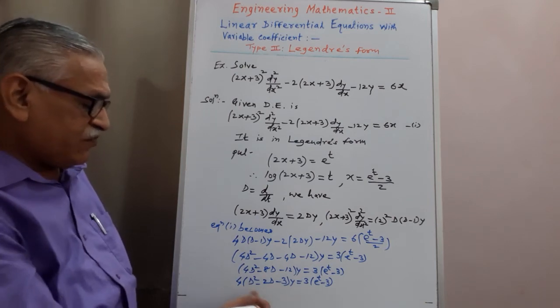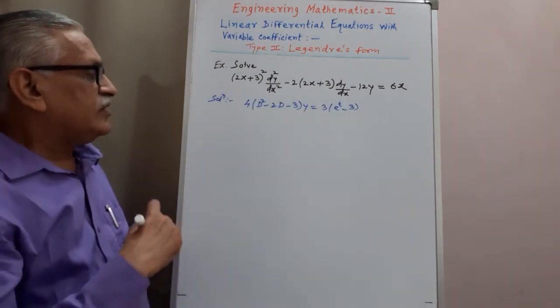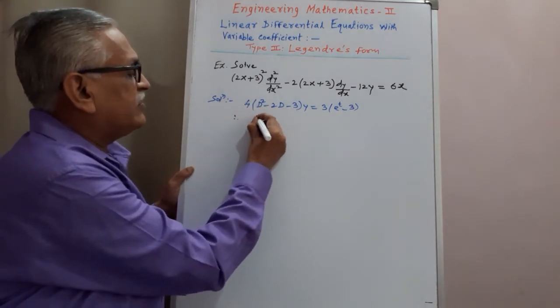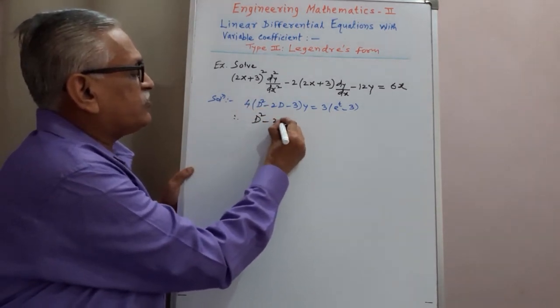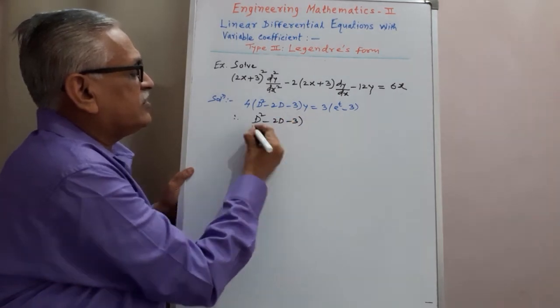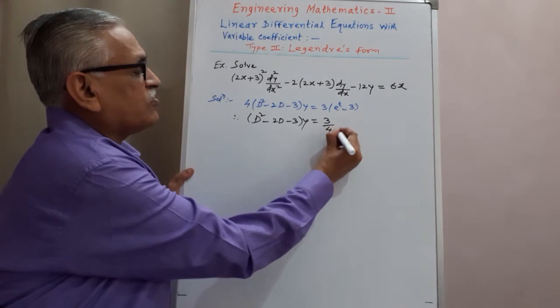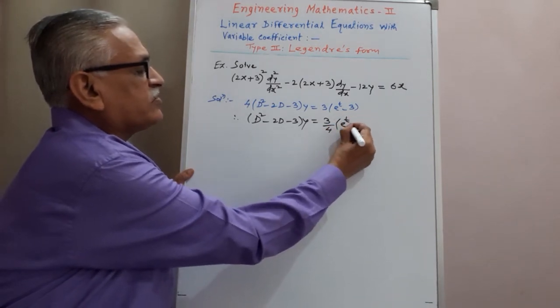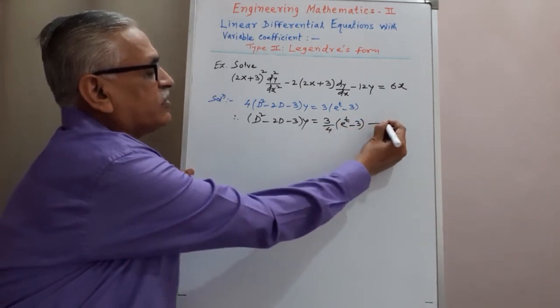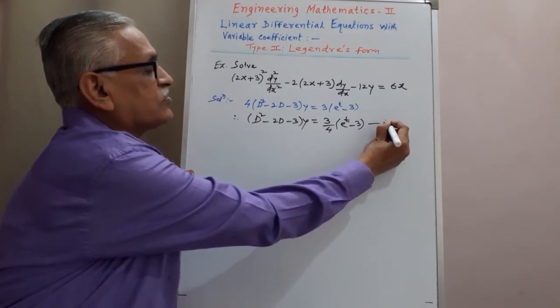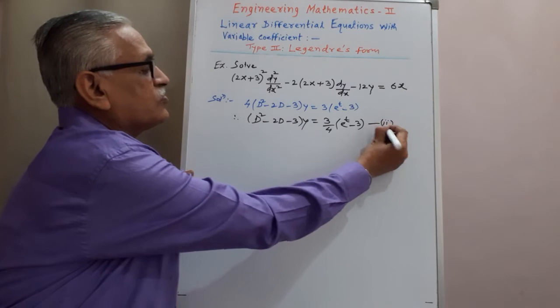Then dividing by 4 throughout, we get (D² − 2D − 3)y = (3/4)(e^t − 3), and we call this equation number 2.